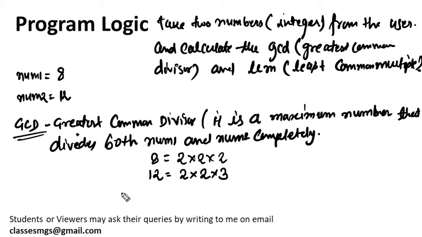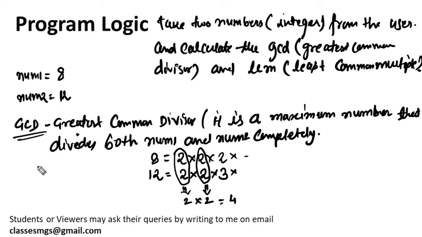Now what will be the GCD? We take the common portions, 2 and 2. These are not common, so we will not take them. We multiply 2 and 2, and 4 will be the greatest common divisor.